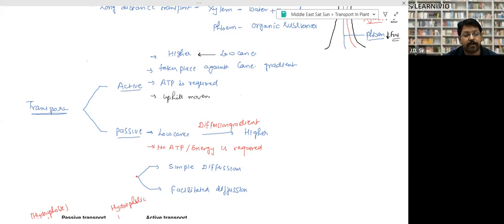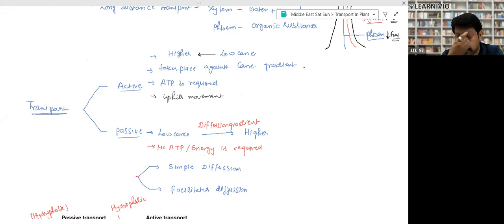For uphill movement, when certain substances are more inside the plant and the plant wants to take in even more, it has to go for active transport. What are those substances whose concentration is more in the plant and less in the soil?